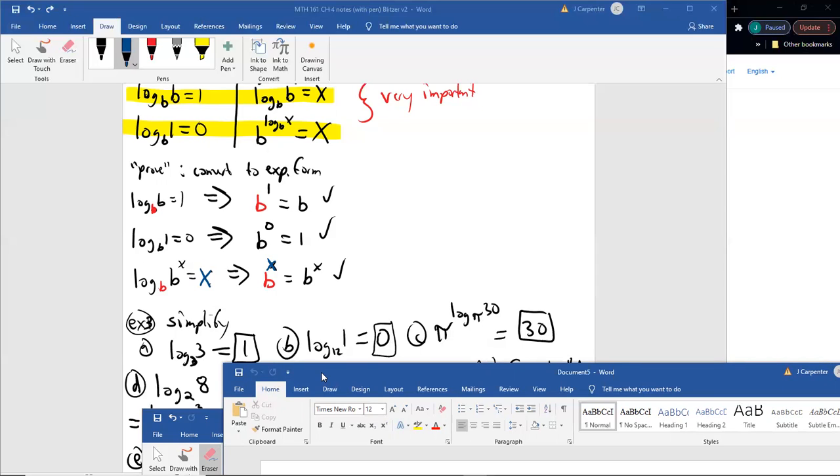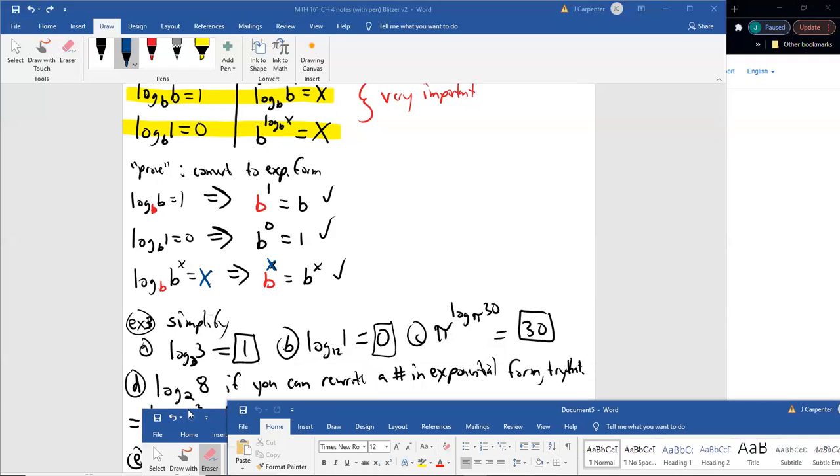So if you can rewrite a number in exponential form, try that. You can't write 2 except as 2 to the first, so that's boring, don't do that. But 8, you can write in exponential form because 8 is 2 times 2 times 2, which is 2 cubed.